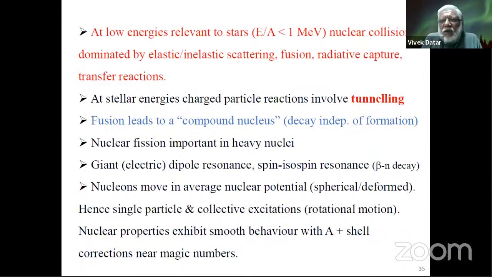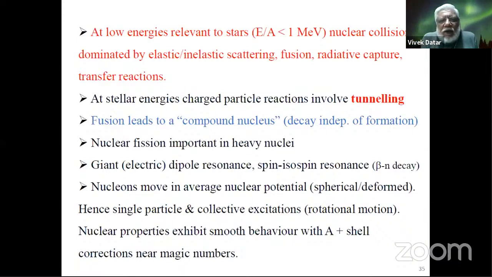Of course, it varies with the mass number, but the cross section shows a very generic peak, and that's called the giant dipole resonance, because when this photon interacts with the nucleus, the neutrons and protons vibrate against each other collectively, and so that's why it's called the giant resonance. But there can also be spin isospin resonances, and they are important, for instance, in beta delayed neutron emissions, which can take place when you synthesize neutron rich nuclei in stars.